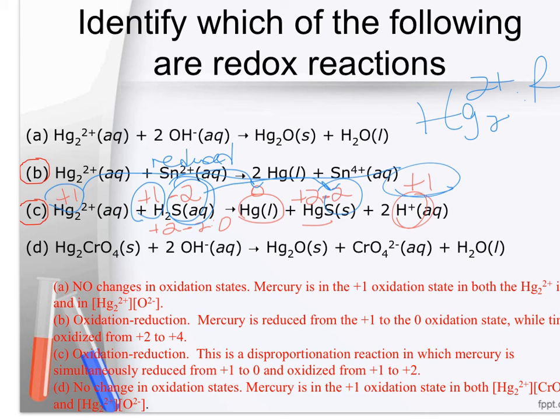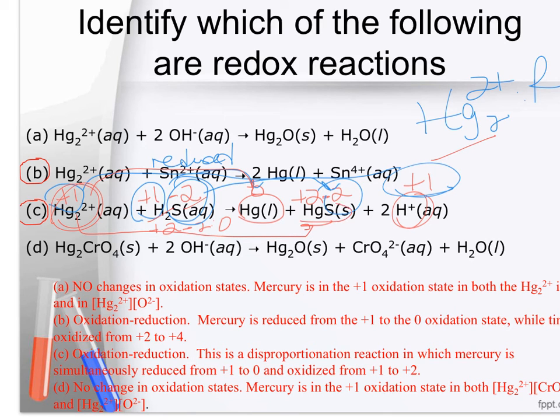So what on earth has been oxidized in this reaction? We've already established that the mercury ion has been reduced, but we've checked the other elements, hydrogen and sulfur, and they haven't changed their oxidation state. So this is a special case. I want you to pay close attention if you're drifting, where the mercury ion has been the one that's been reduced, but it's also the one that has been oxidized.